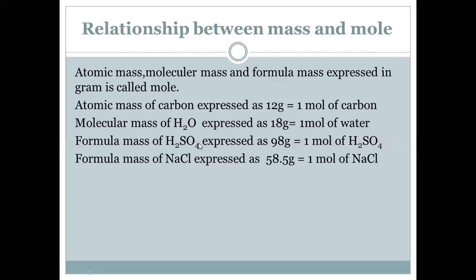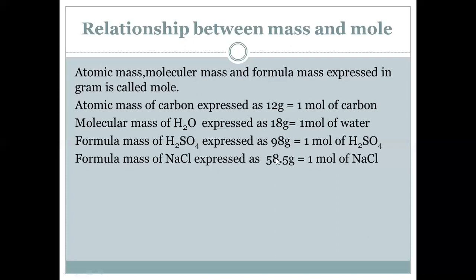Sulfuric acid exists in ionic form, so we use formula mass, expressed as 98 grams, which is 1 mole of sulfuric acid. Sodium chloride is an ionic compound, so we use the term formula mass for it: from the periodic table, 23 plus 35.5 is 58.5 grams, equal to 1 mole of sodium chloride. So you can see the masses are different, but each is equal to 1 mole.